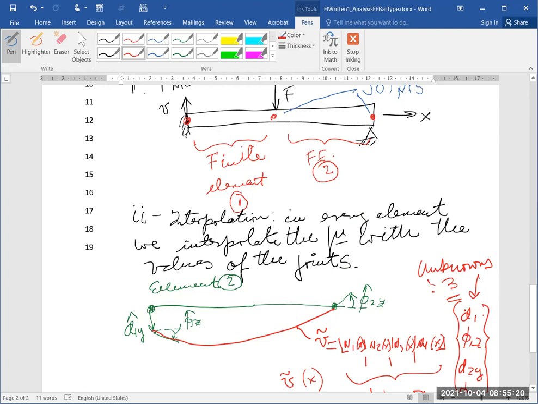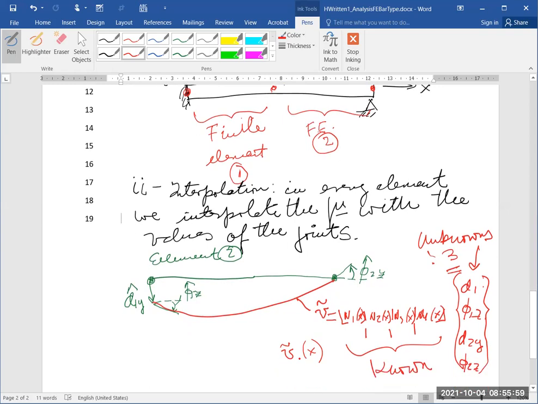But right now, the message that I want to give you is that instead of solving a continuous problem, trying to find a continuous function that satisfies equilibrium, we are going to try to find these unknowns, and the number of these unknowns is a discrete number, in this case, 3. And something else before we break is that this is an approximation. This is not the exact function, okay? This is just an approximation.